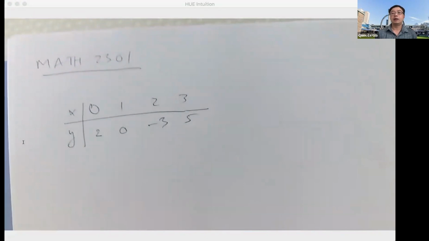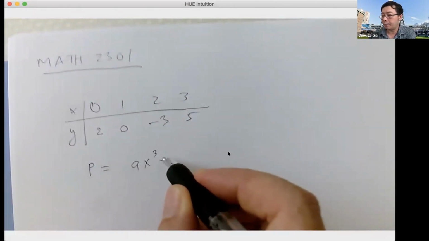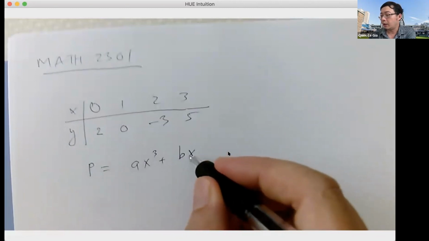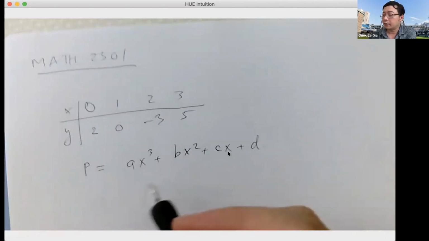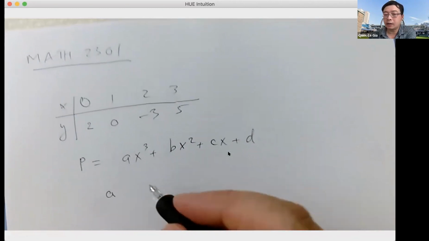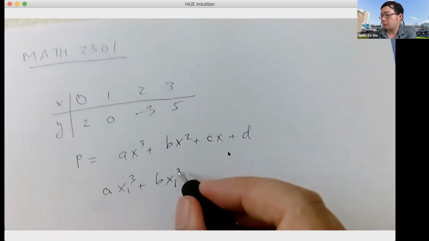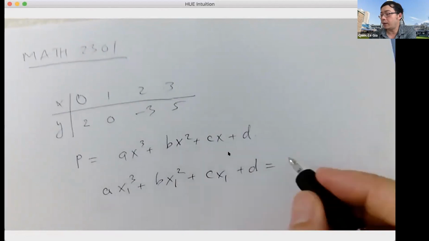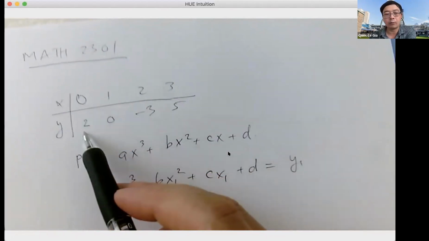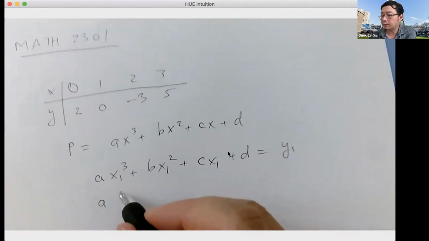Then if I let p be a x cubed plus b x squared plus c x plus d, then I have a x1 cubed plus b x1 squared plus c x1 plus d equal y1. Assume that the data is x1, y1, x2, y2, and so on. And you have 4 equations.